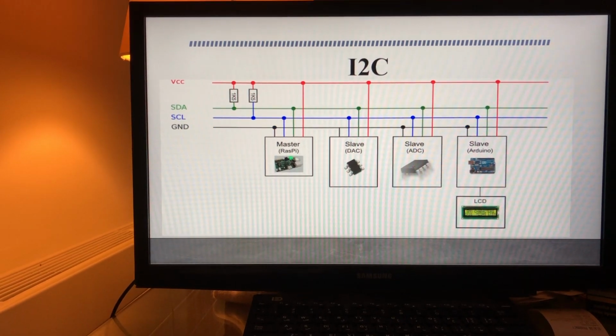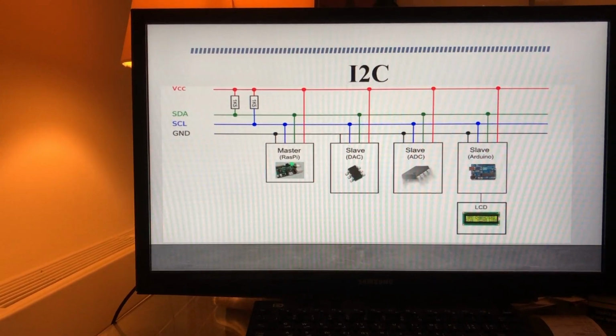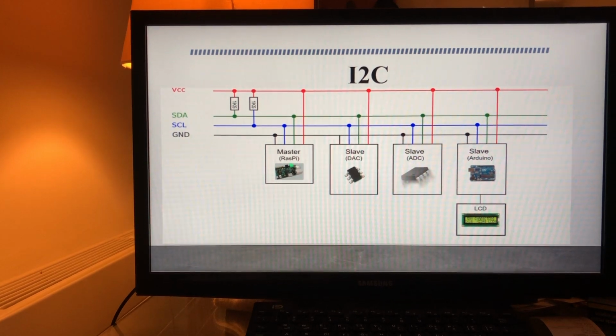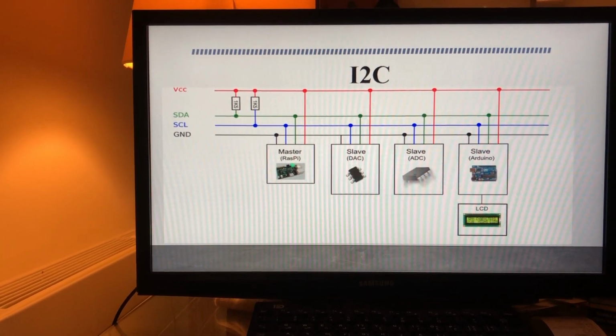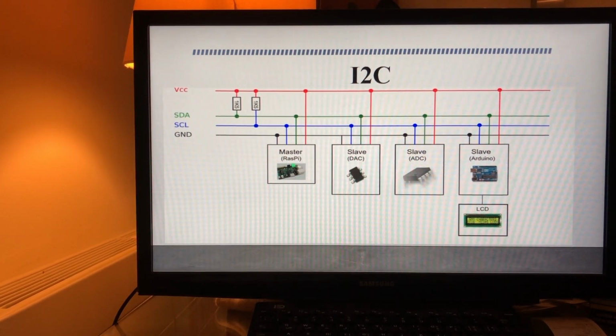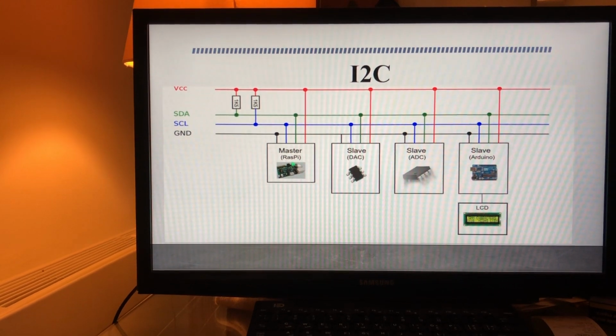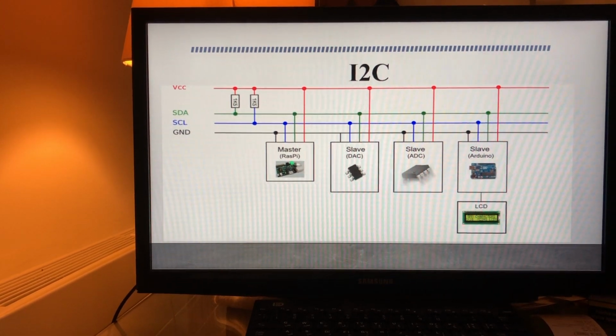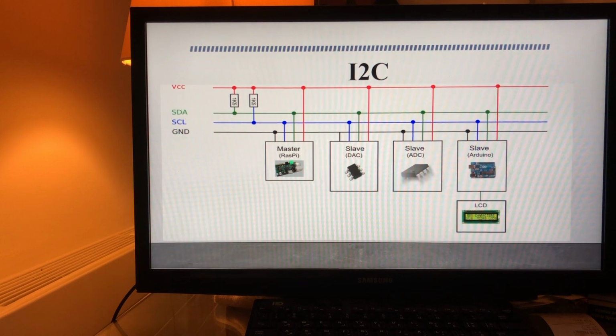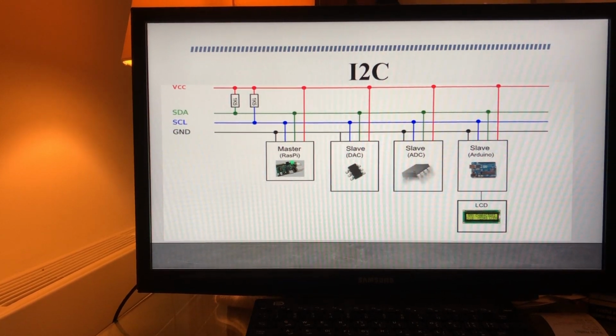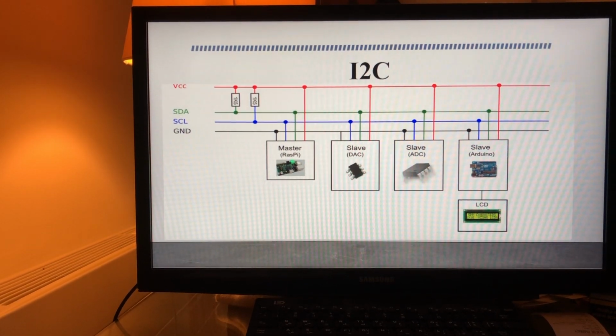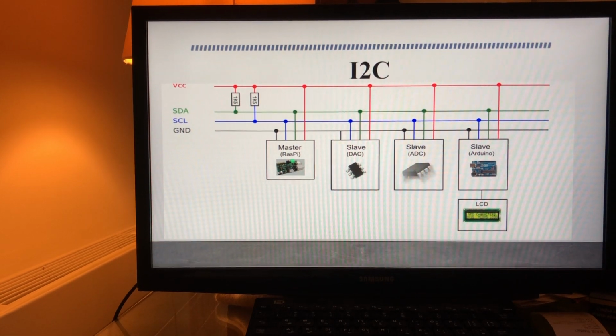When the controller sends the address, the device responsible for that address opens and begins to send or receive according to the last bit of the address, where it's specified.